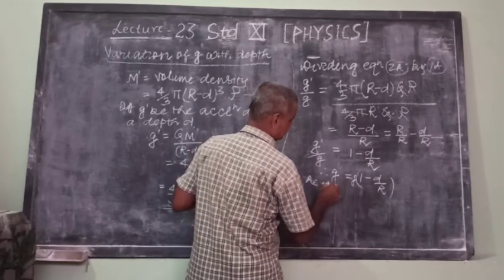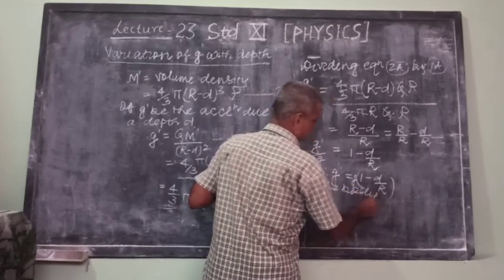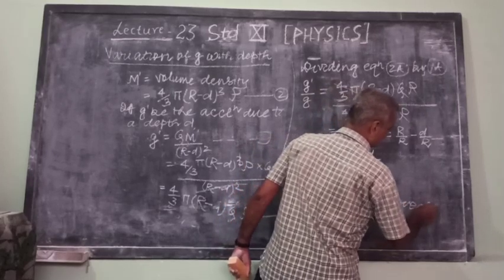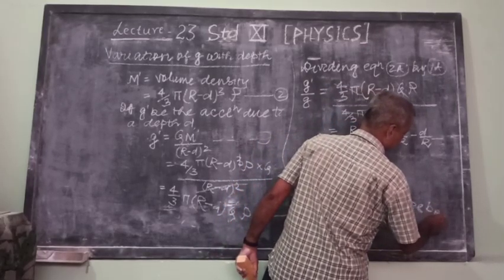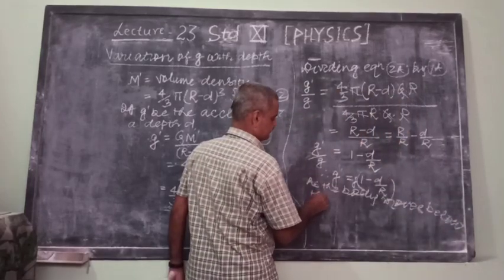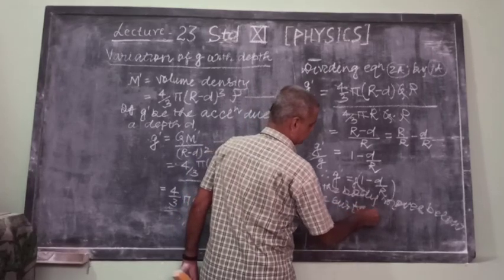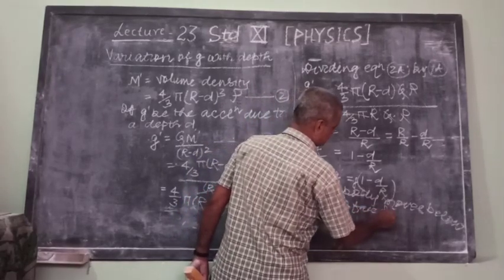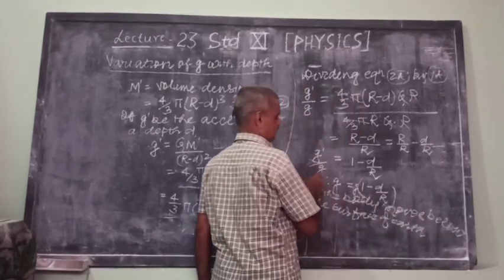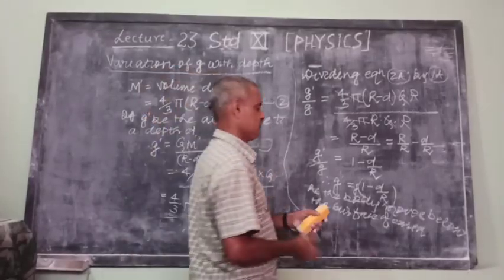So we can write as the body moves below the surface of earth, the value of acceleration due to gravity decreases.